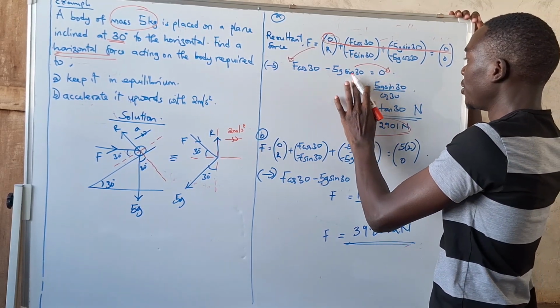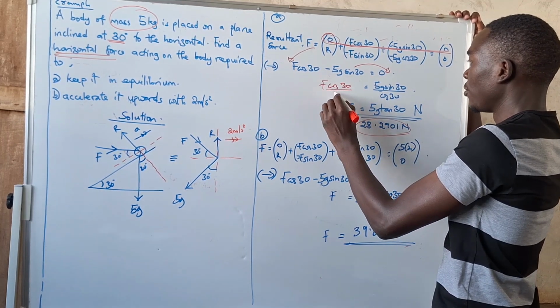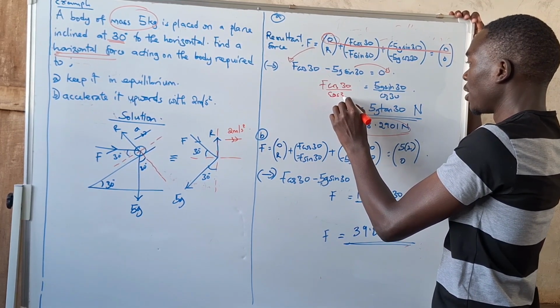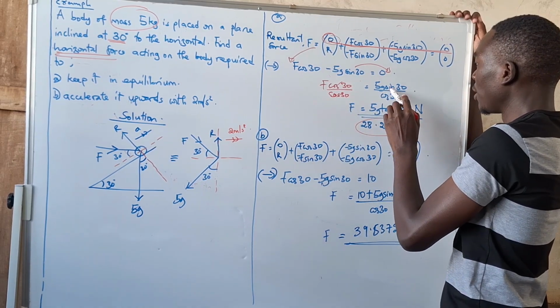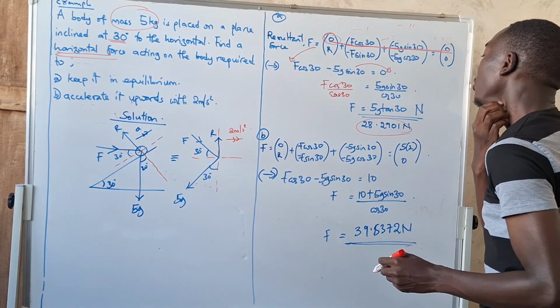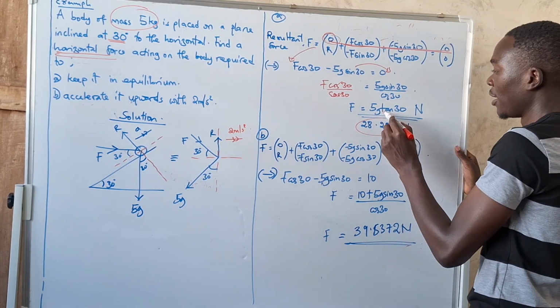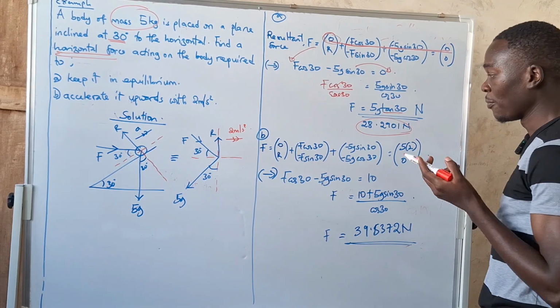That means that here I remain with F cos 30, so I divide by cos 30 here and cos 30 here. So this one disappears. And we know that sin theta over cos theta from trigonometry becomes a tan. That's why you have F is equal to 5g tan of theta.